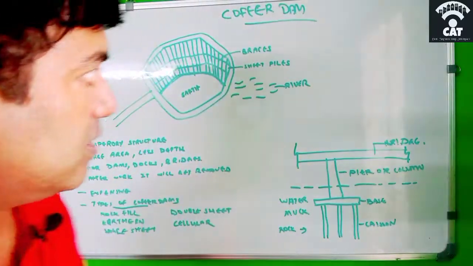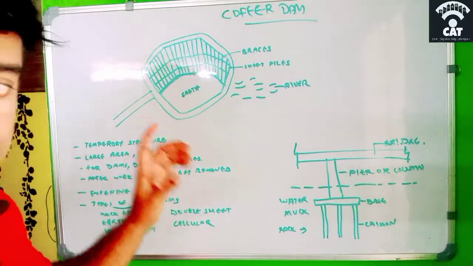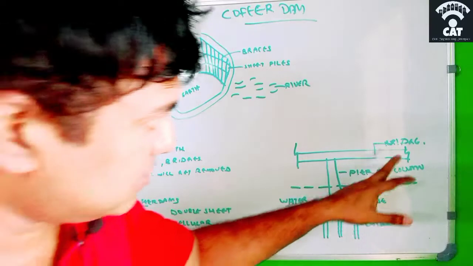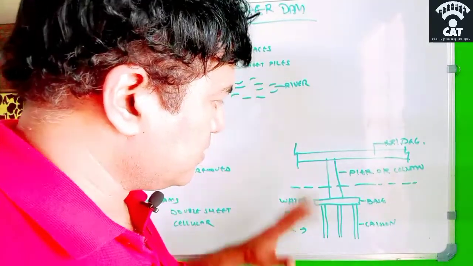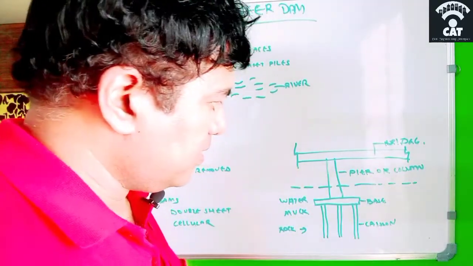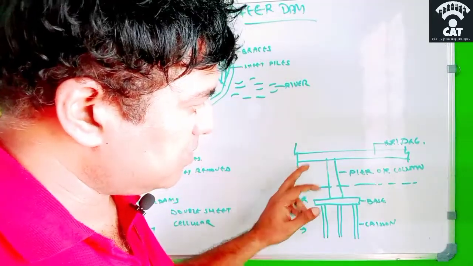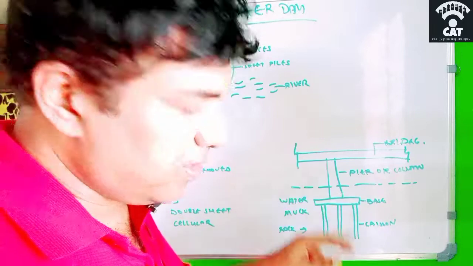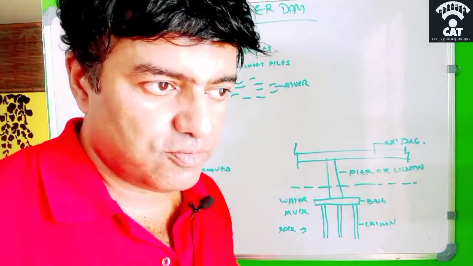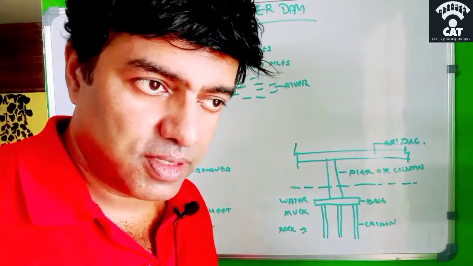I think now you have a clear picture of what a Cofferdam is. Let us see this diagram also. If this is a river, this is a combination of Cofferdam and caisson which I am going to explain. First, they identify a particular area where the foundation has to go to a higher depth.